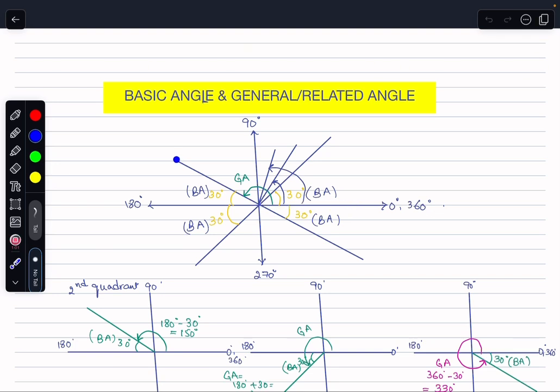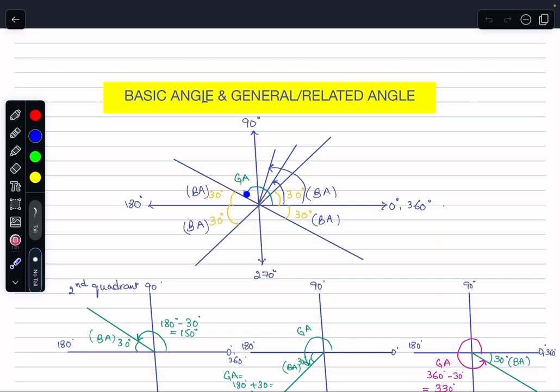In the same manner, this angle here is again 30 degrees with respect to the x-axis. So in the second quadrant, this angle is my basic angle, and the rotation starting from 0 degrees up till the line which makes 30 degrees with the x-axis on the negative side is going to give me the general angle.